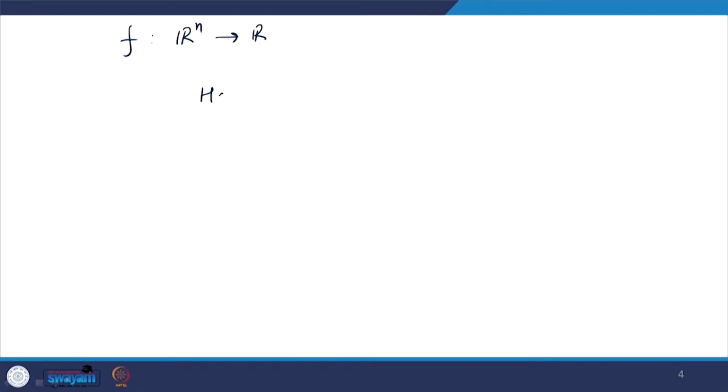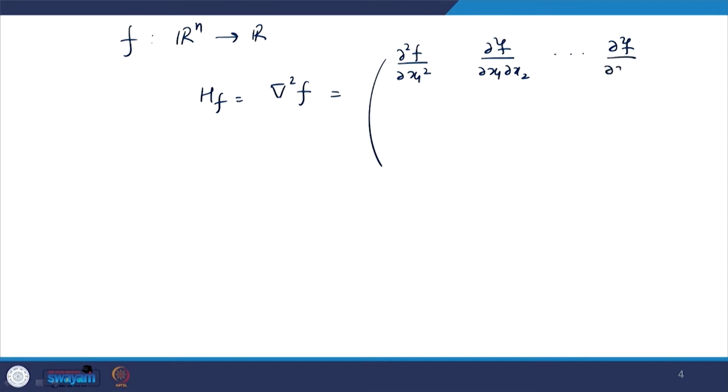The Hessian matrix of f is nothing but the second order partial derivatives of f. So, this is given by del square f upon del x1 square, del square f upon del x1 del x2, and this is del square f upon del x1 del xn. Okay, that means this is nothing but del by del x1 of gradient of f. Similarly, del by del x2 of gradient of f.